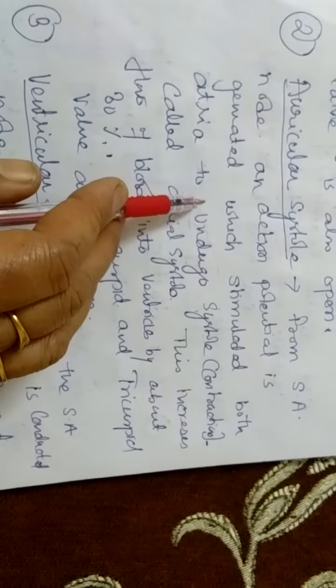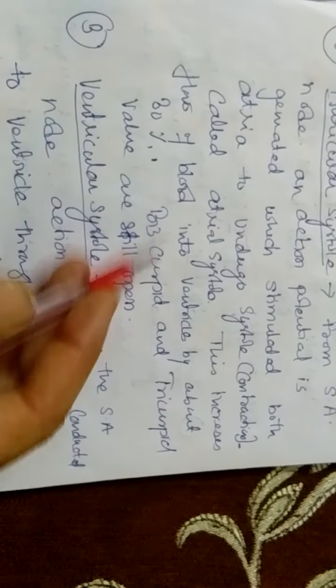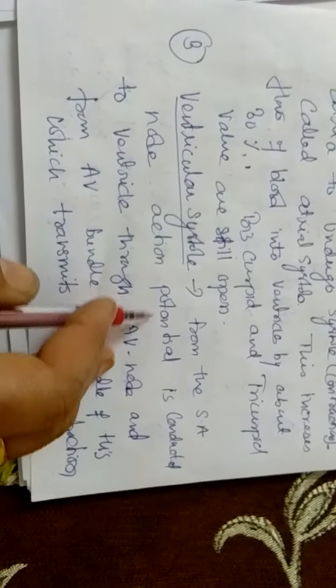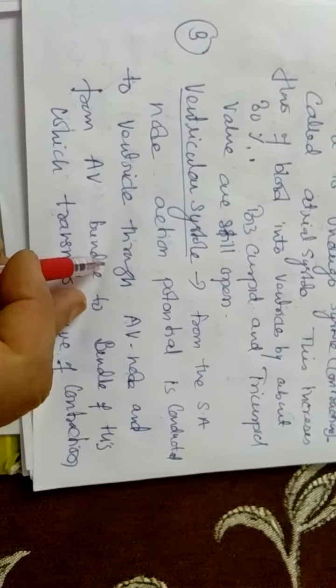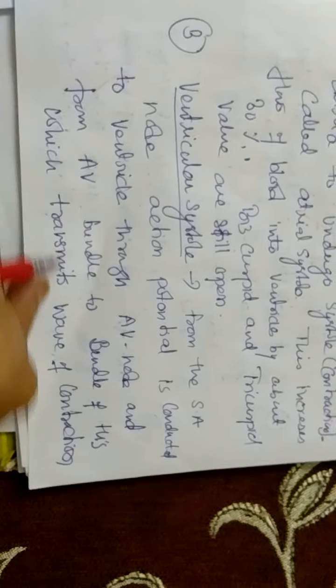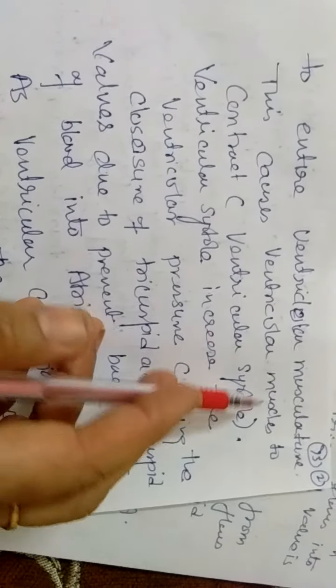Then the auricle comes under the systolic phase, and the extra 30% of the blood of the auricle now flows into the ventricle through the bicuspid and tricuspid valves. Now the ventricle will contract, the ventricular systole. The AV node will transmit the impulses to the ventricle, so the whole musculature of the ventricle comes under contraction.